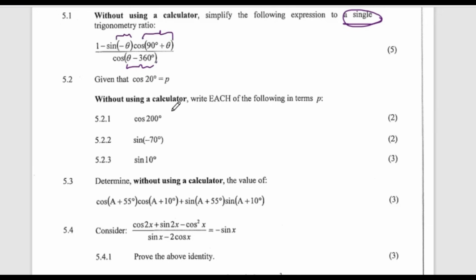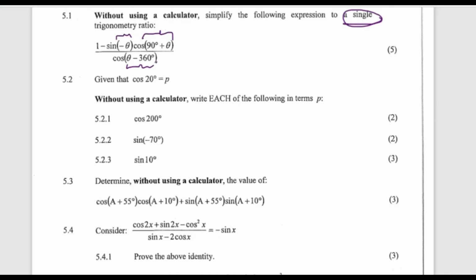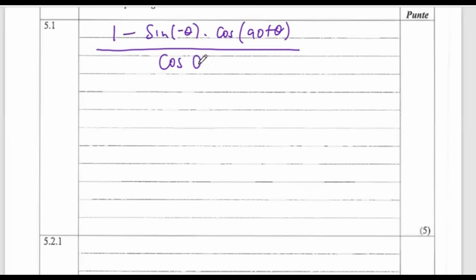Okay, step number 1. What I'm going to do, remember it is 1 minus sin of negative theta, cos of 90 plus theta, dividing it by the cos of theta minus 360.